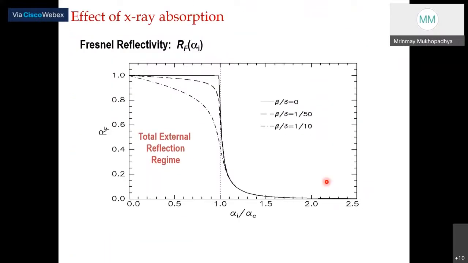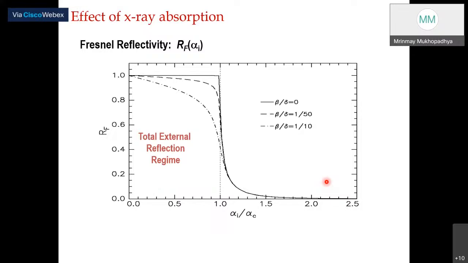So I talked about delta. I didn't talk about beta, because beta is the absorption. I said the refractive index is n1 plus i n2, or n prime plus i n double prime.